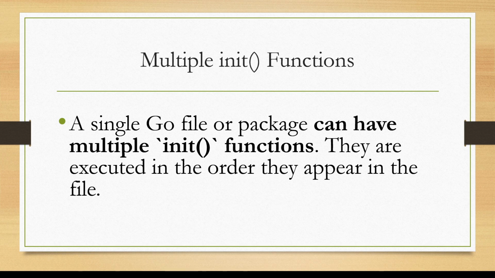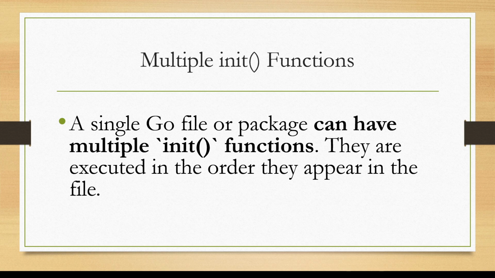Now here's the important part. Go will not skip any of them. It will call each init function in the order they appear, from top to bottom. This can be useful if you are organizing your code into sections, like maybe one init handles the logging setup, another one loads some config, and the third one connects to a database.